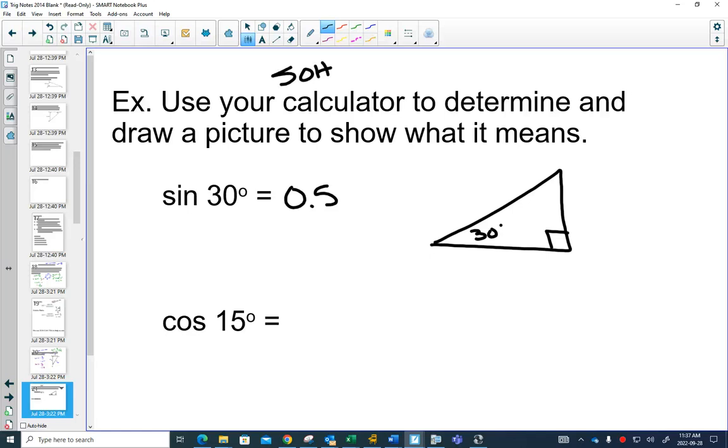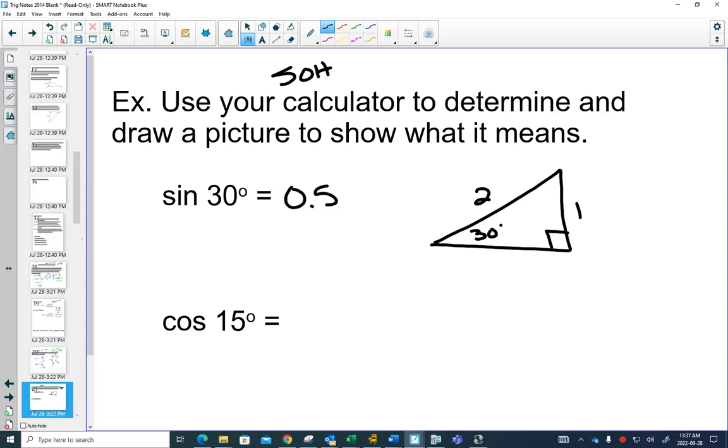Well, sine is opposite over hypotenuse. So this one divided by this one has to be 0.5. I could pick 1 and 2. You're not allowed to use 1 and 2. You can use 2 and 4. Oh, okay, 2 and 4 has been used up. Try to pick one somebody else hasn't used.